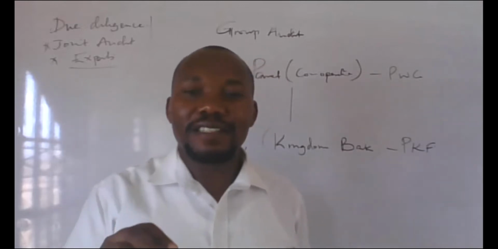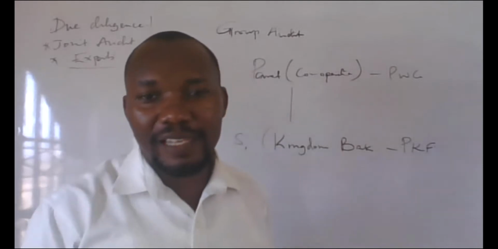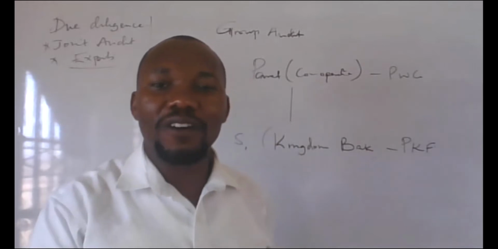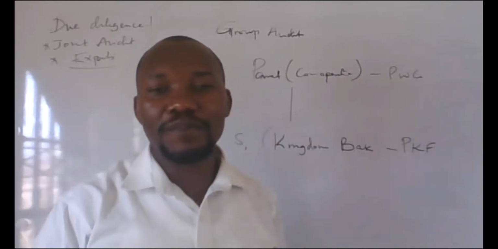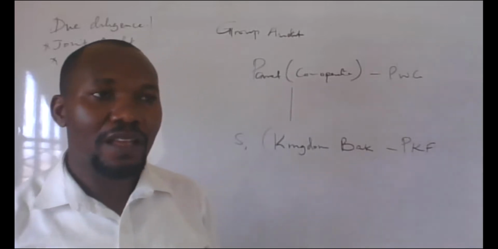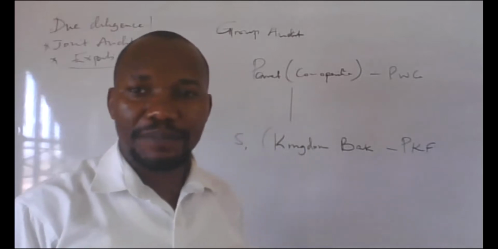It is evidence that is actually derived from the system of the client. The evidence that has been picked directly by the auditor from the client's system, especially where internal controls are very strong. So we have looked at those kinds of qualities of good evidence.